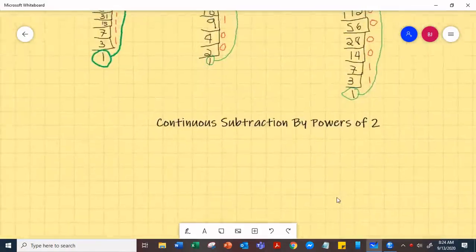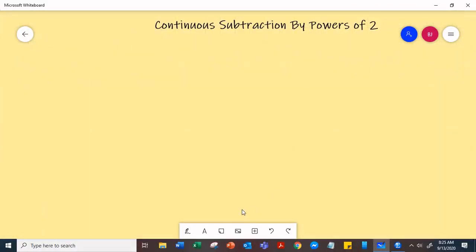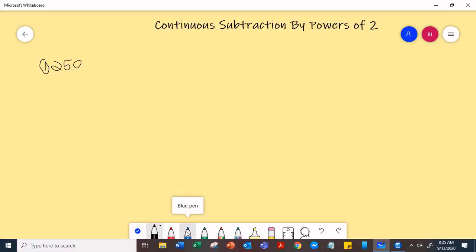Our first example was again 250 as shown here. So how do we use this method? What's the process? What we do first is list down the powers of 2.